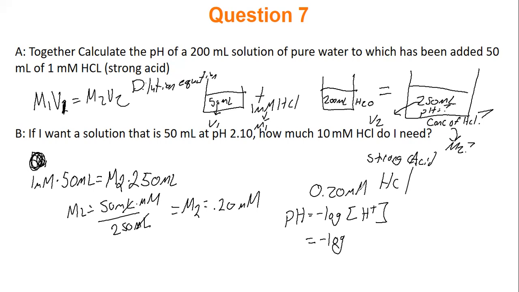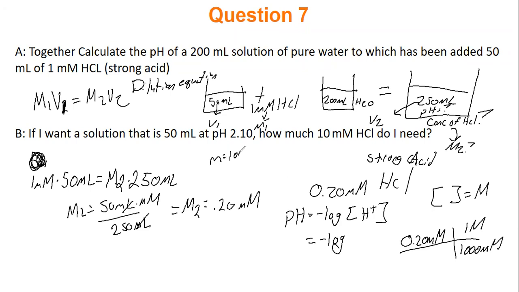And this is millimolar. The brackets mean molar, so I have to convert millimolar to molar. Hopefully you remember your prefixes. There is 1,000 millimolar in 1 molar. So lowercase m means 1/1000.